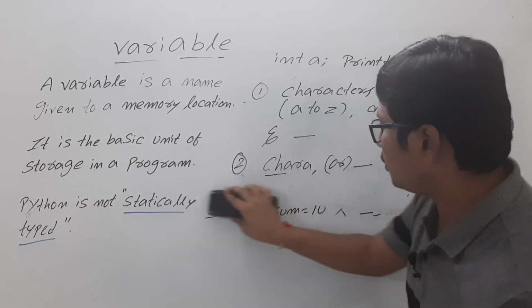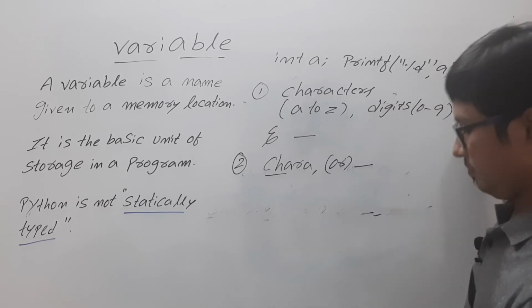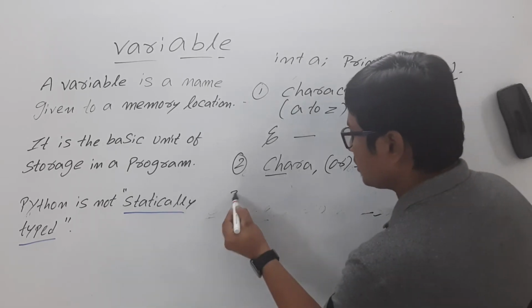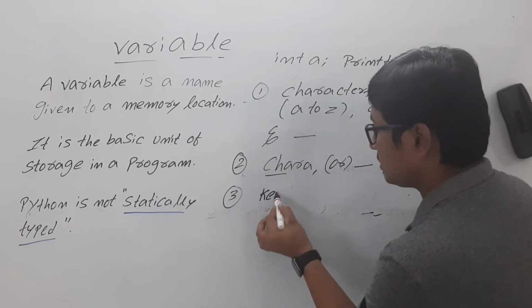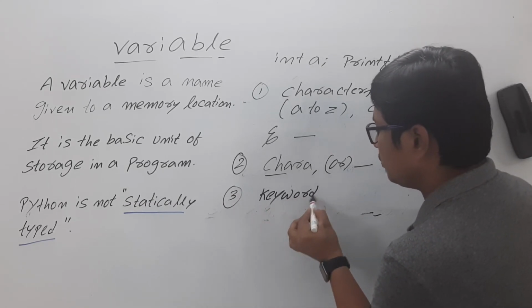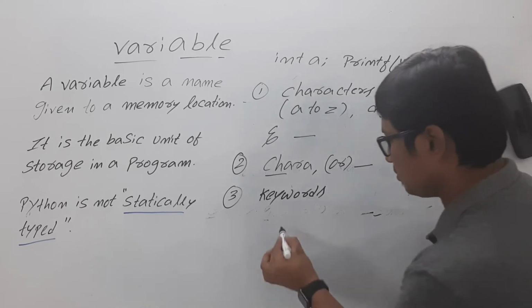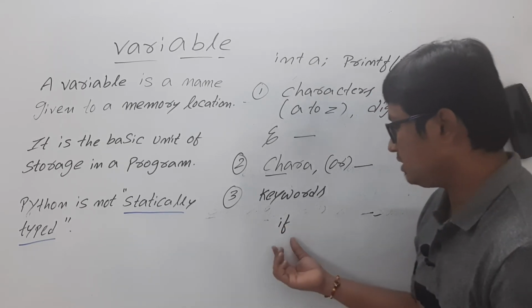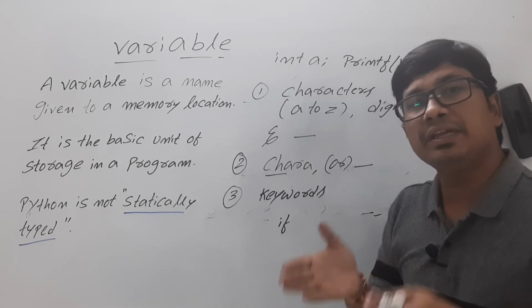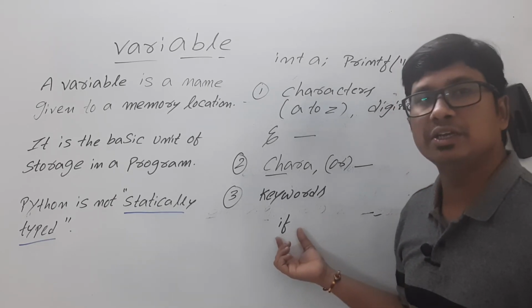And one more important thing is that whenever you are using a variable, you should not use keywords. Okay, we have certain keywords. Let me give a simple example. You will have an if. It is a keyword. The meaning of a keyword is that there is already a pre-existing meaning for these keywords.